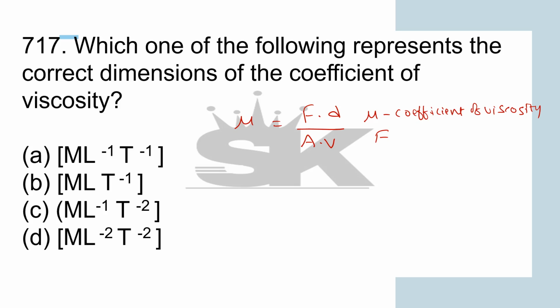F is the amount of force required to maintain the velocity gradient in between two consecutive layers of liquid per unit area. Okay, simply we will write force.